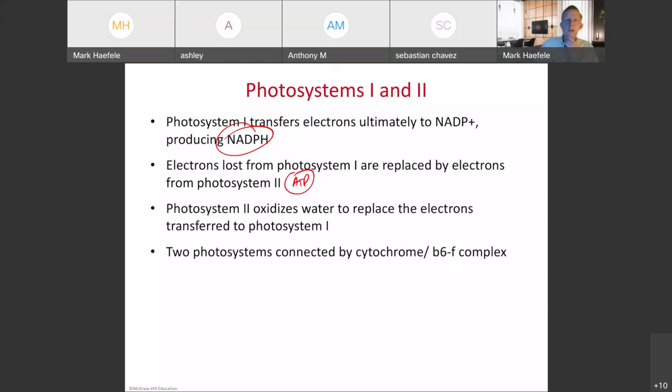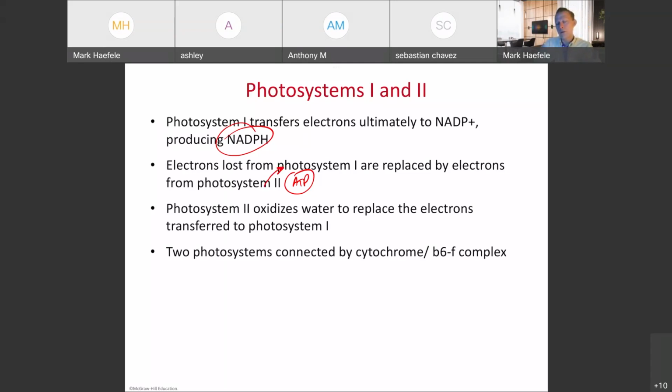It also is the source of electrons. So since photosystem 2 is splitting the water and creating electrons from the water, then it passes these electrons on to photosystem 1. Because remember, photosystem 1, you're also losing electrons. So the question is, how do you backfill your electrons in your reactive core in photosystem 1? Well, the way you do that is with photosystem 2.